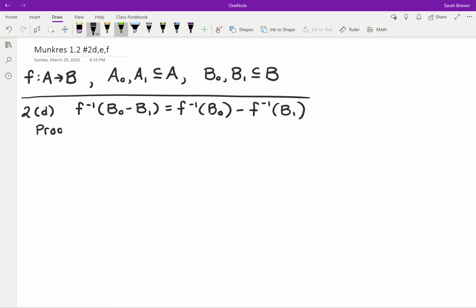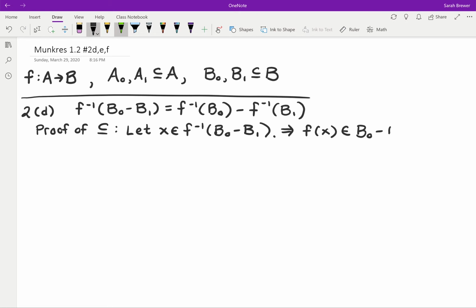So let's take a look at this direction first, and let x be an element in the preimage of B0 minus B1. By definition of preimages, that tells us that f of x has to be in B0 minus B1.